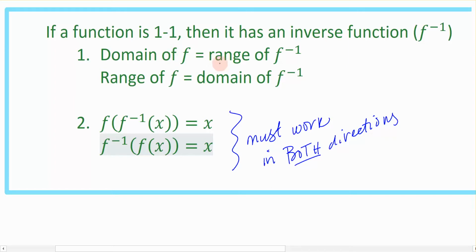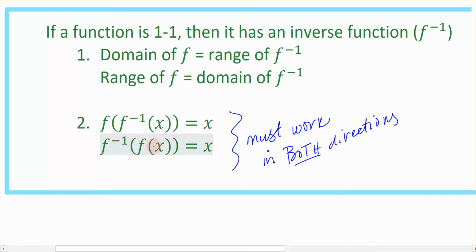And the second characteristic we want to think about is that if a function is one-to-one and it has an inverse, then if we compose the two functions together, we should get back just x, what was inside. And it must work in both directions. So I would have to compose f with f inverse to get back x, and then go in the opposite direction.